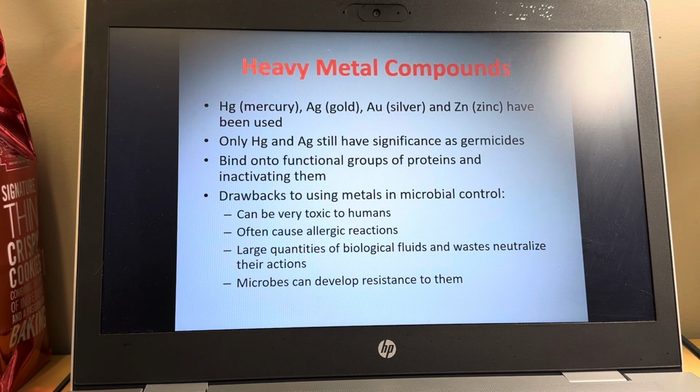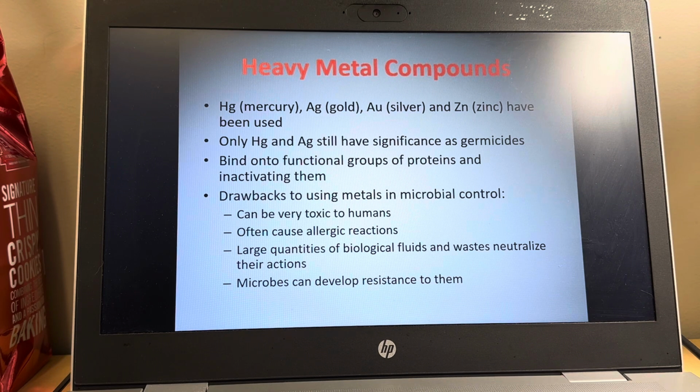So a couple of other compounds that have been used are heavy metals such as mercury, gold, silver, and zinc. Right now, the only ones that are used still in germicidal or microbicidal chemicals are mercury and gold. Okay, but there are drawbacks to this. People can be very allergic to these metals.